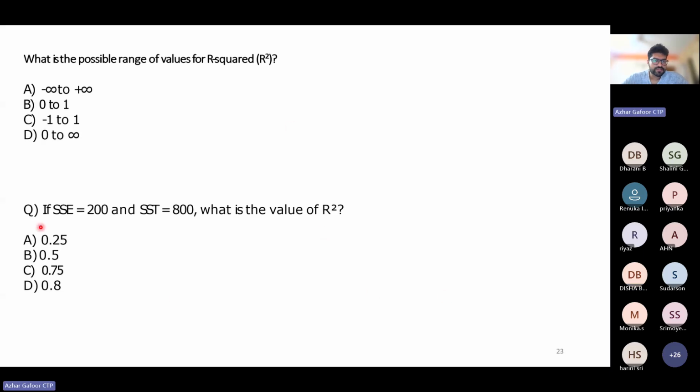So if SSE is 200 and SST is 800, what is the value of R squared?